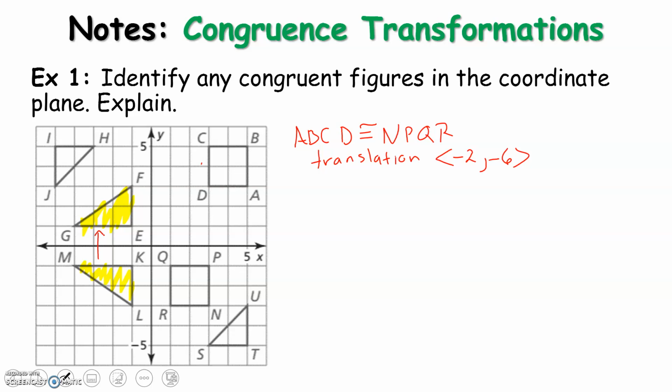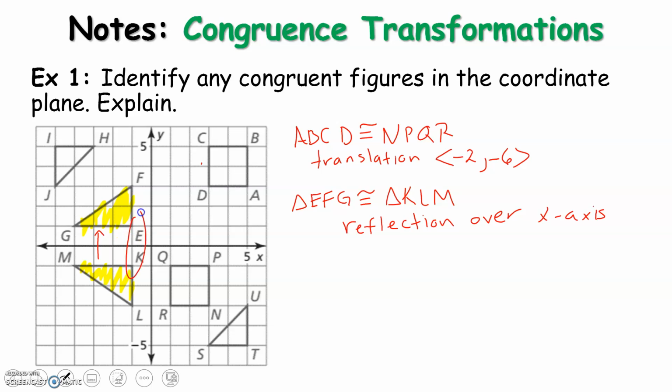So we can see that triangle EFG is congruent to triangle KLM, and this is a reflection over the x-axis. And we can see that because the points are mirrored.